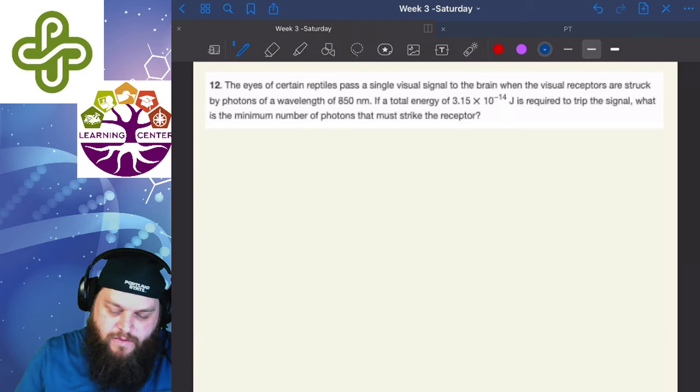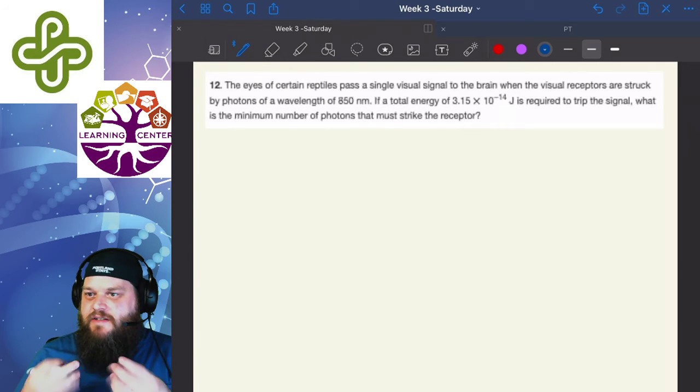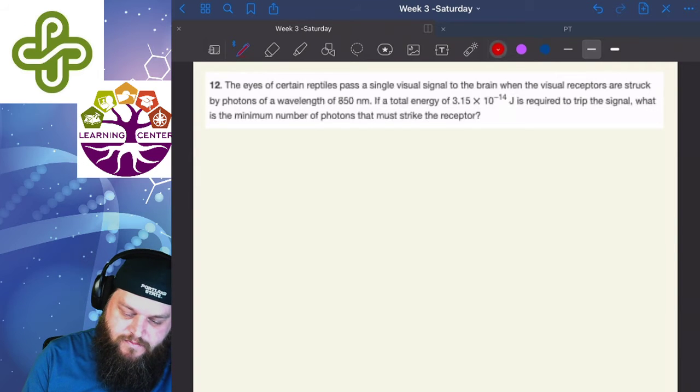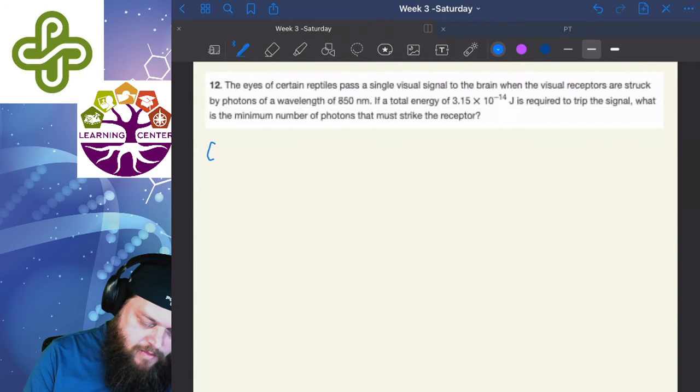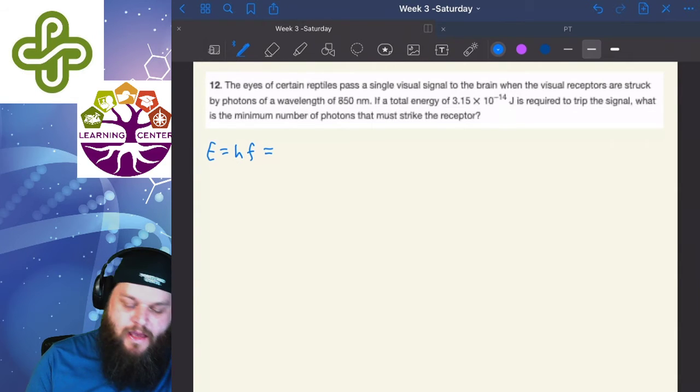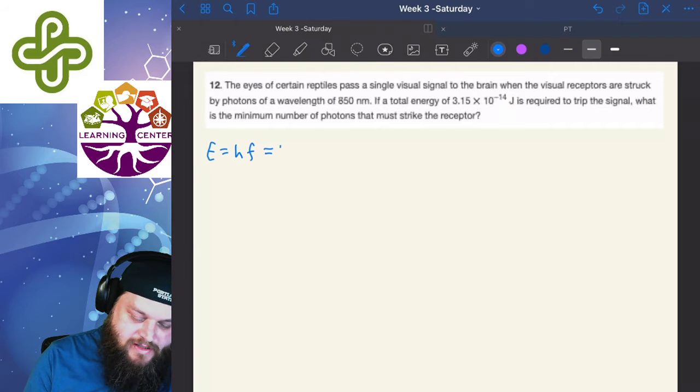So first we can figure out, how much energy does a single photon give us? Remember that energy is equal to Planck's constant times the frequency. Well, we don't have the frequency, but frequency is related to the wavelength and the speed of light. So I can say that's also equal to hc over lambda.